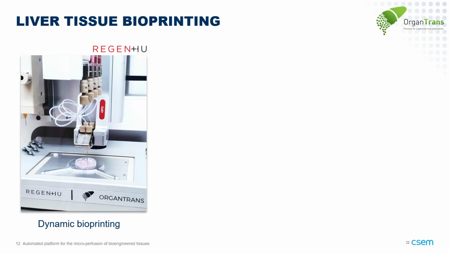So for the bioprinting, we collaborated with Regenue, which are a provider of a bioprinting platform in Switzerland, and we developed this dynamic bioprinting device that can print a mixture of gels and spheroids to make the gel.